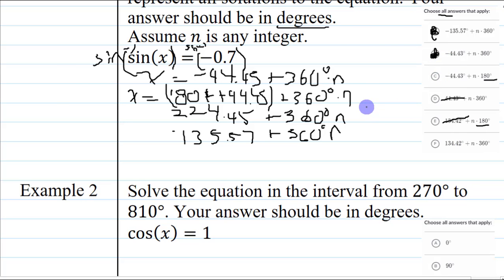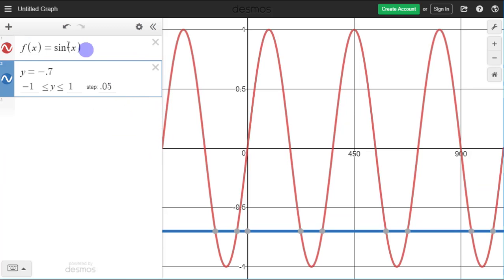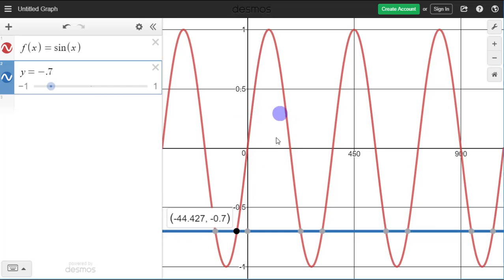And we can actually check this too with Desmos. So if I come over here, just get rid of all this stuff. If I graph sine, and I graph y equals negative 0.7, very similar to what we did at the beginning of our notes, I should be able to see that the first point closest to the 0 is negative 44.27. On the other side of this, if I went in the positive direction, I got 224.